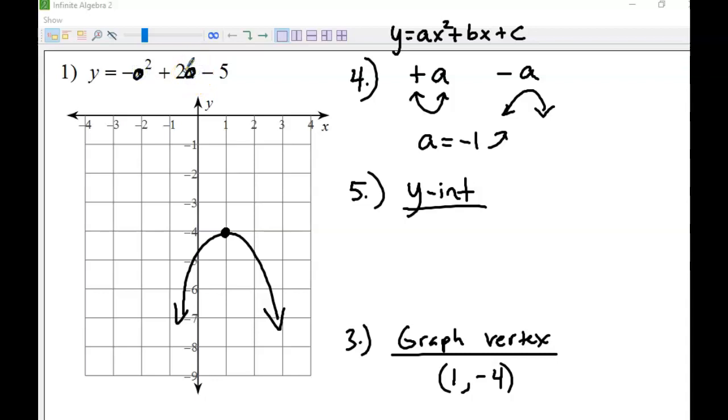But if you do that on a standard form equation, everything goes away except for the last number, because that's the only one that doesn't have an x. So your y-intercept will always be y equals c. Okay? So on ours, it's y equals negative 5. And so it should be hitting the y-axis at negative 5. So you can also find your y-intercept to kind of narrow down your options. Okay? But that's how you graph a quadratic in standard form.